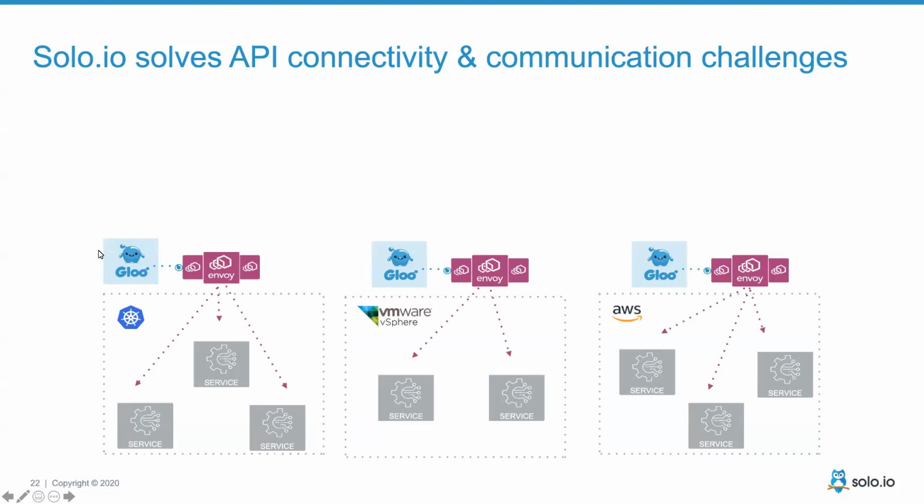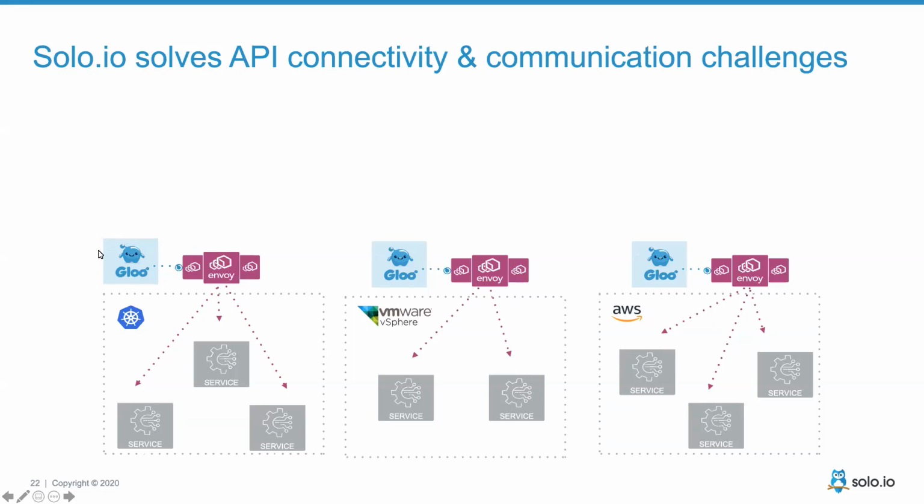And at Solo, we've built a product on top of Envoy called Glue. Glue, as its name implies, is a way to stitch together these heterogeneous deployments and services, whether brownfield or greenfield, with technology that was built for the cloud and built to go forward, built on Envoy. So Glue is an API gateway built on Envoy.